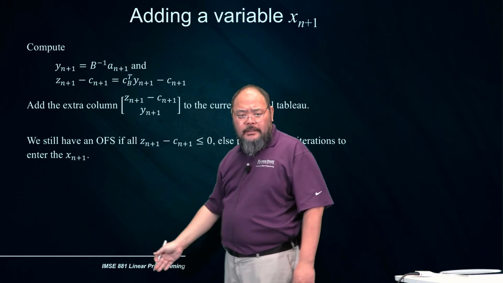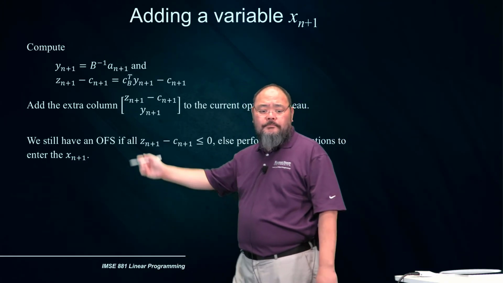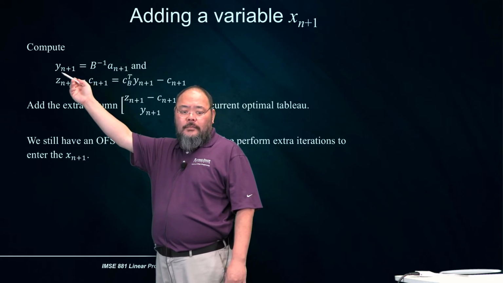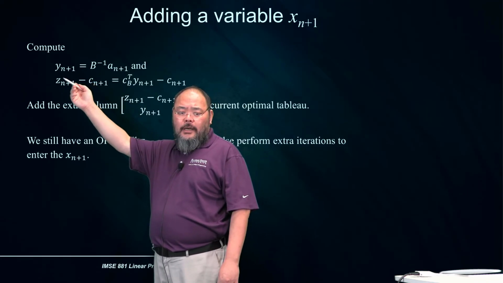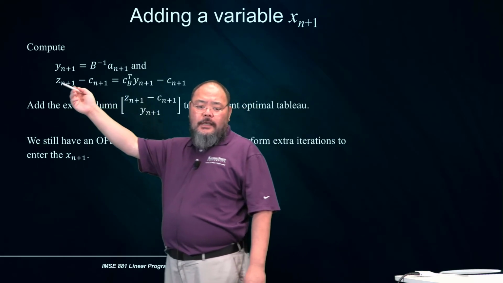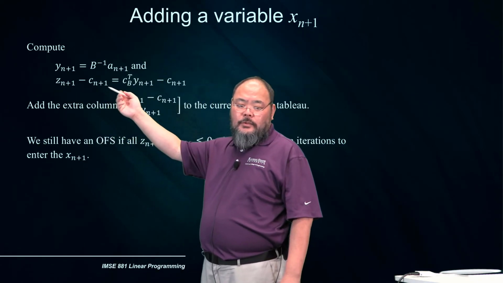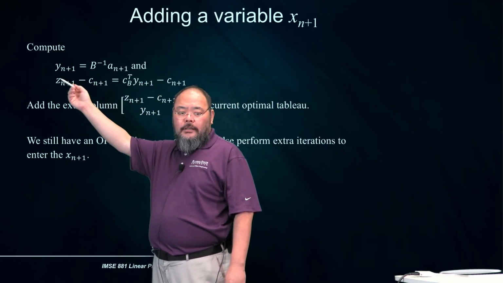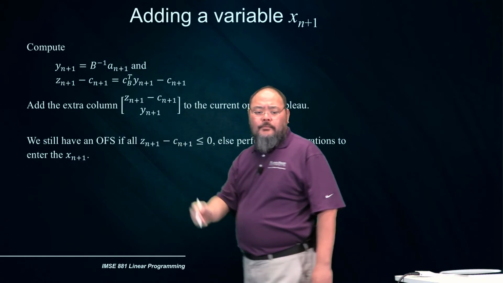So you're adding another column into your tableau, and then you calculate what the column is at the current optimal tableau. Also, you can calculate zn+1 minus cn+1, the reduced cost, using the newly calculated yn+1.